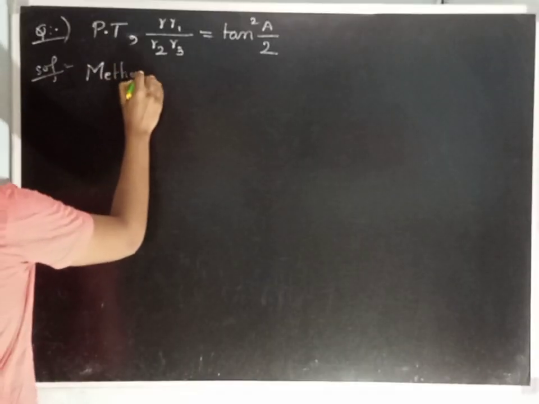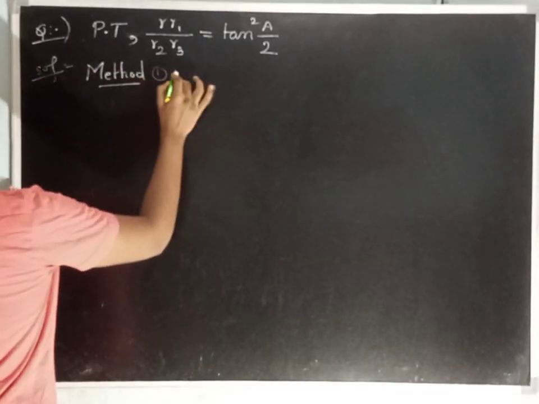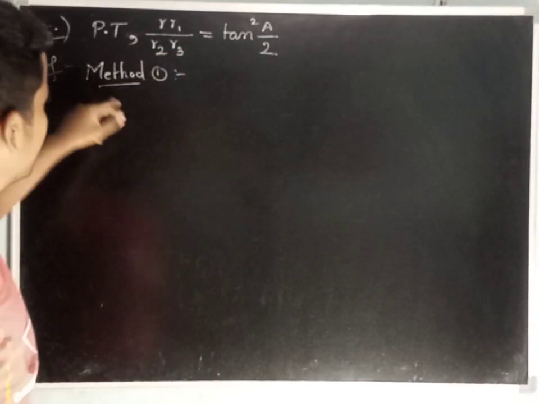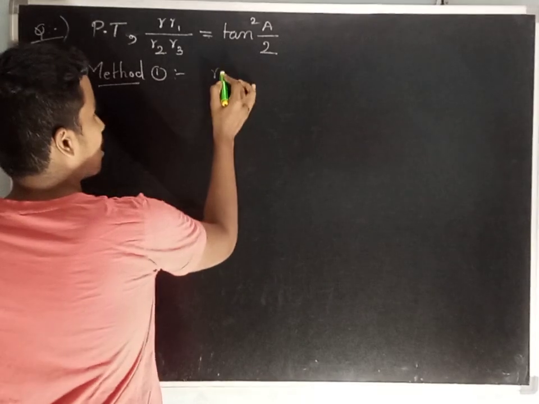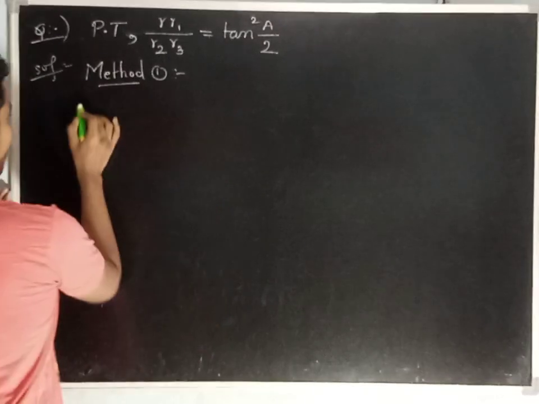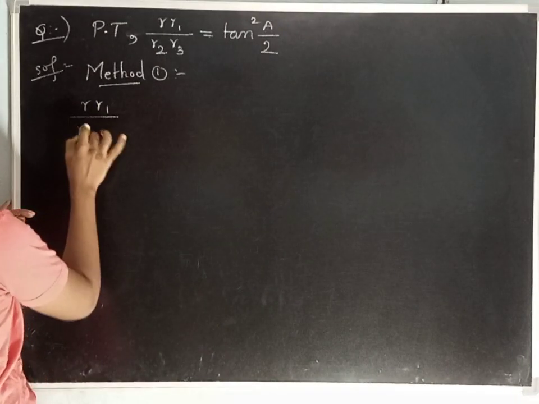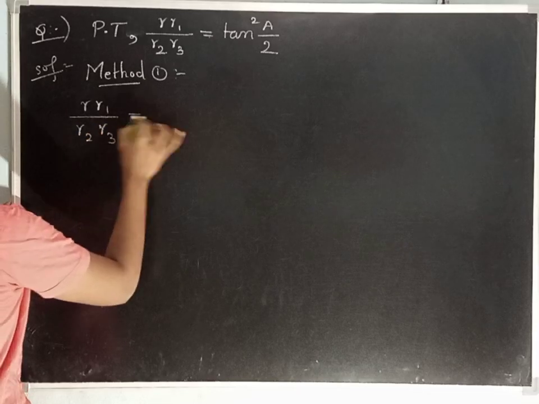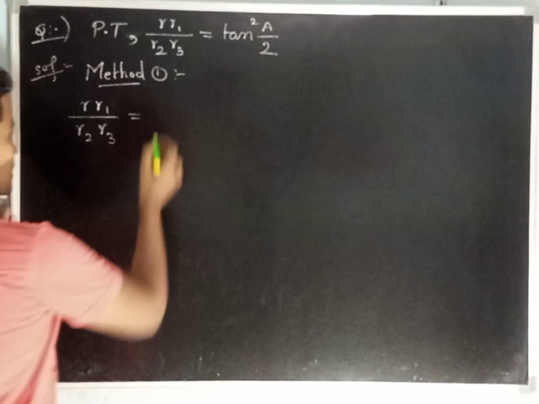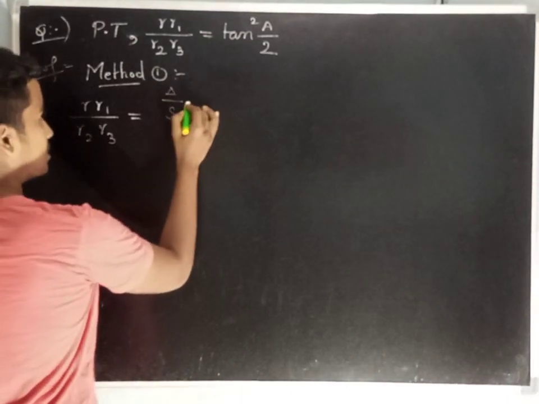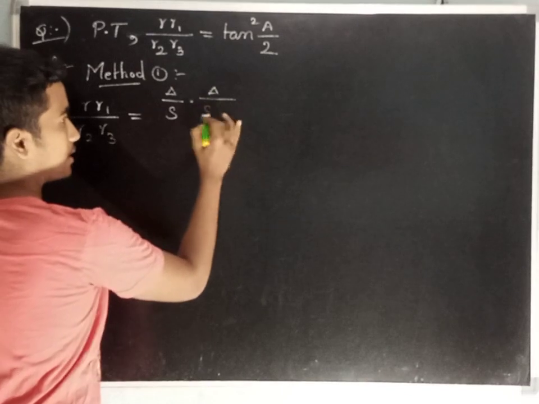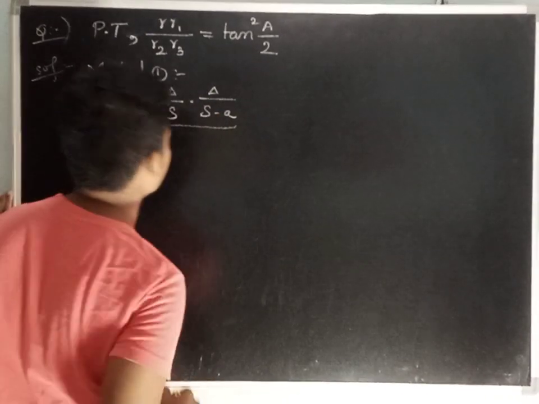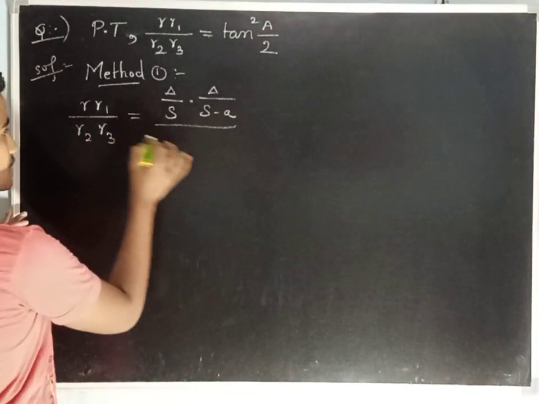Method 1. In method 1 I am going to use the fundamental formulas. R1 by R2 R3. Small r is the radius of the incircle, which is delta by s, into R1, which is delta by s minus a, by R2 R3.